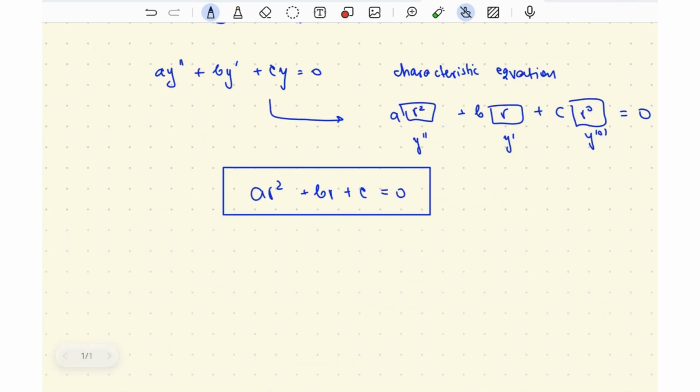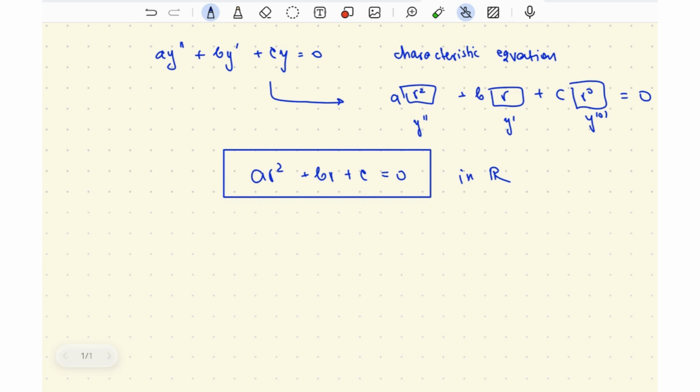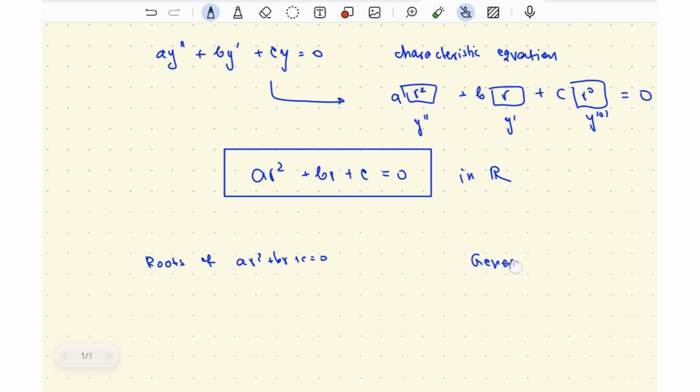As we know, this is in R, because a, b, and c are real numbers, and as we know, there are three cases according to the discriminant. And there is this table: roots of a r squared plus b r plus c equals 0 and the general solution.